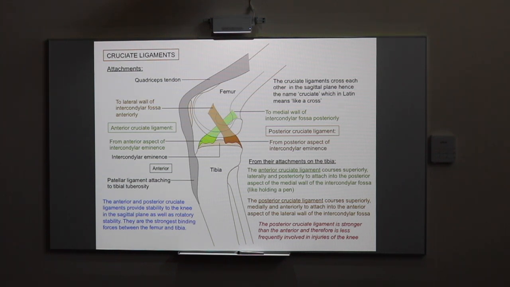The reason why it's stronger? We have a reason. God has taught us so many things, Alhamdulillah. So many things we don't know. He knows ultimate, but He taught us so many things. It prevents the posterior displacement of the tibia, which might compromise the structure.